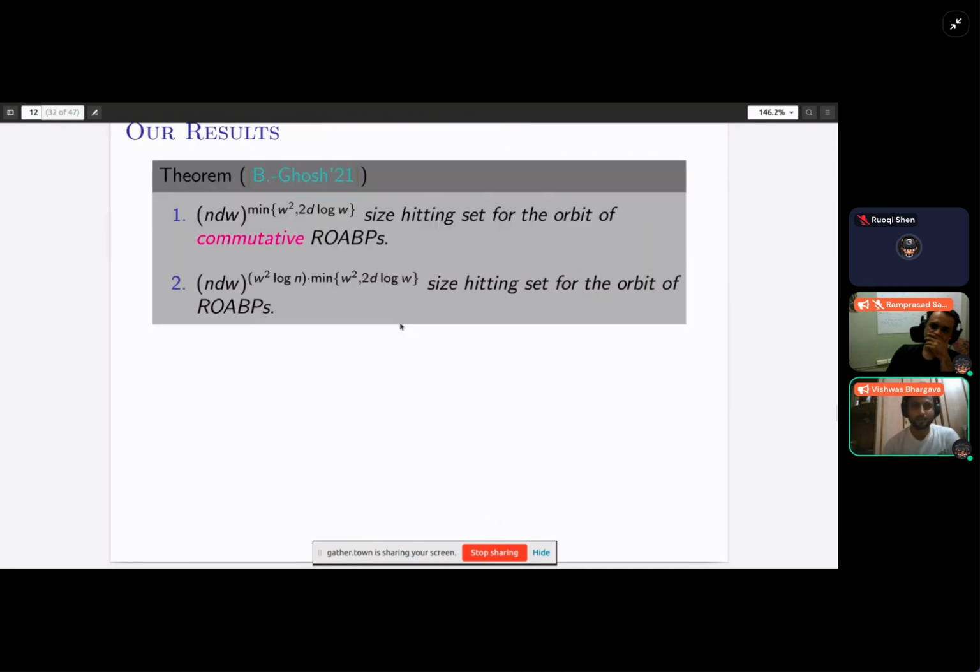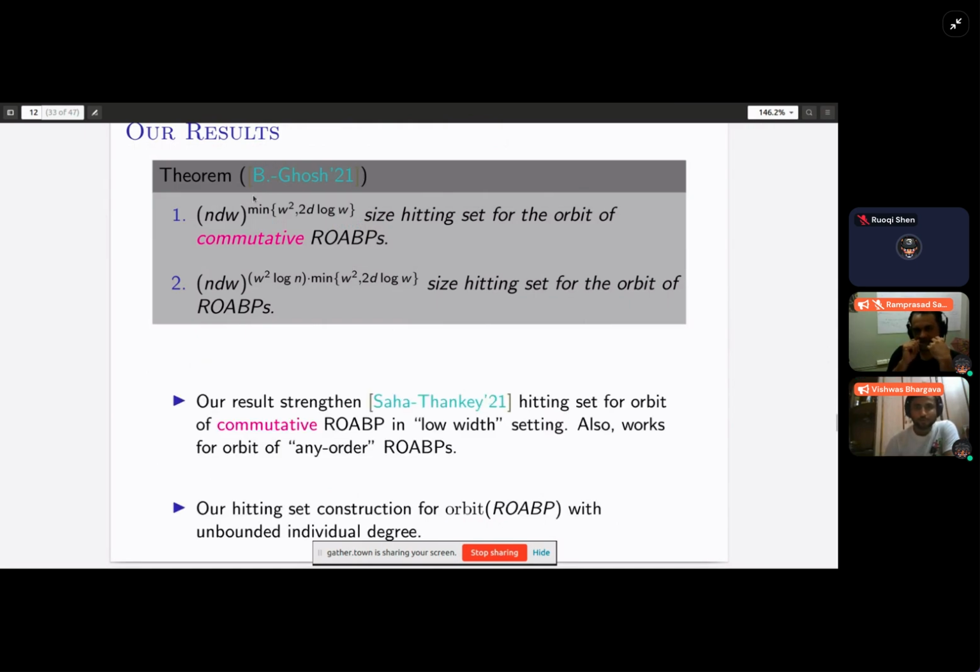So what are our results? We give an (NDW) to the power of the minimum of omega square to the 2D log W size hitting set for commutative ROBP, and (NDW) to the omega square log n times the min of omega square 2D log W size hitting sets for orbits of ROBP without any individual degree assumption. One can observe that in the low width setting, our first result will dominate what was known before, and will match if it's not the low width setting.